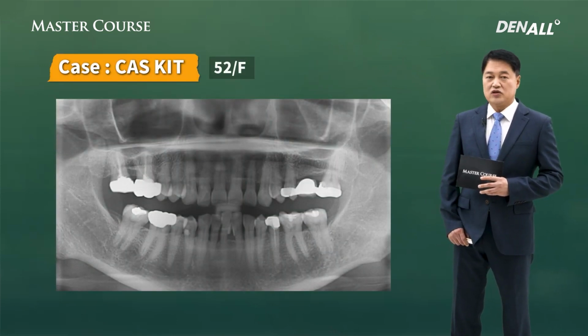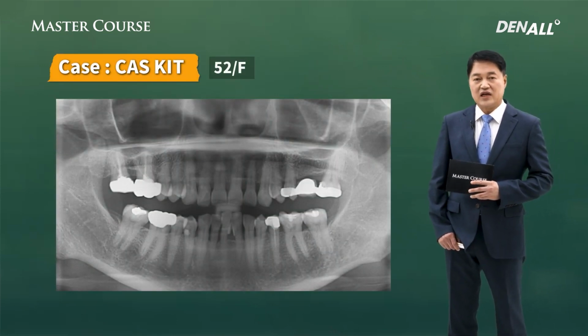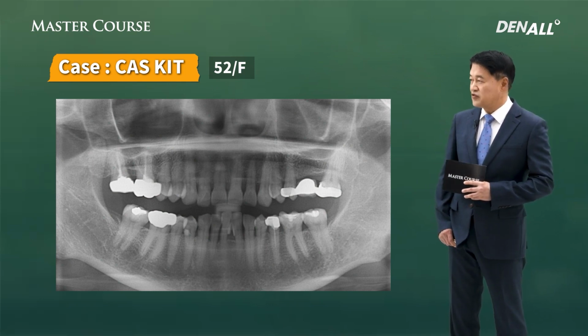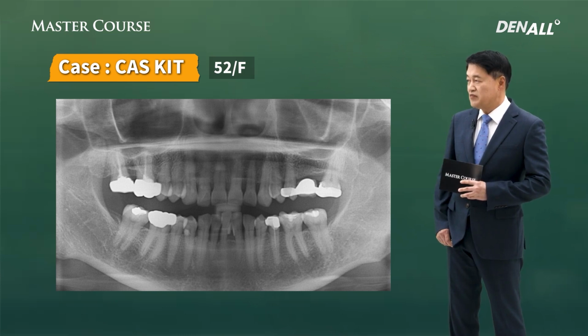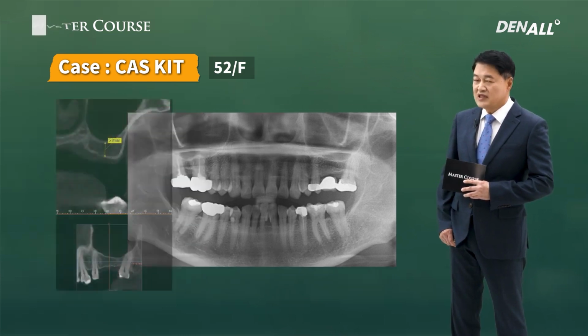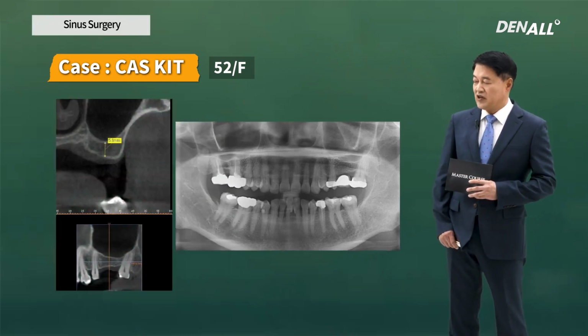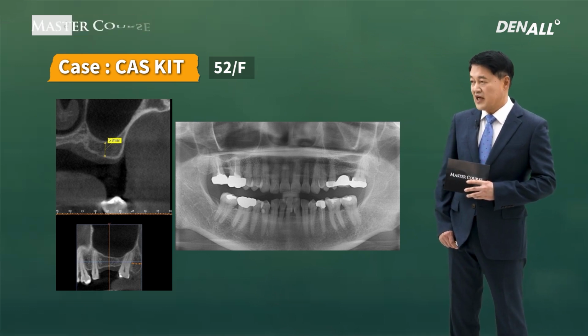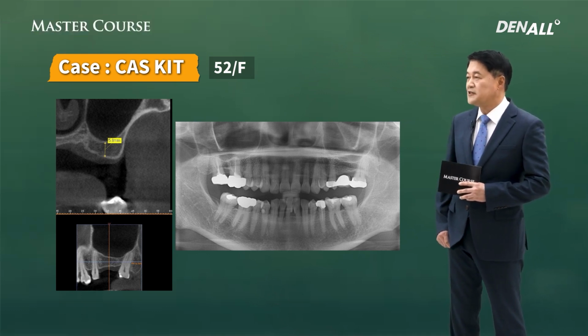This is a case where sinus lift was done using the CAST kit. 52 years old female patient, and a 26 implant was to be placed. If you take a CT, it's 5.8 millimeter. Sinus graft was unnecessary at this point, so I chose a crestal approach using the CAST kit.